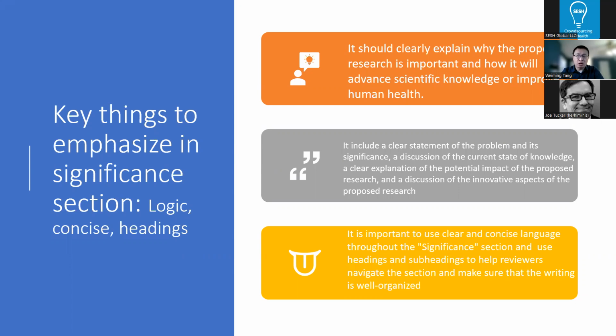But we do not need to emphasize the innovative part here too much, because we have a separate innovation section, which was introduced by Juliet last week. Also, it is important to use clear and concise language throughout the significance part, and use headings and subheadings to help reviewers navigate the section and make sure that the writing is well organized.